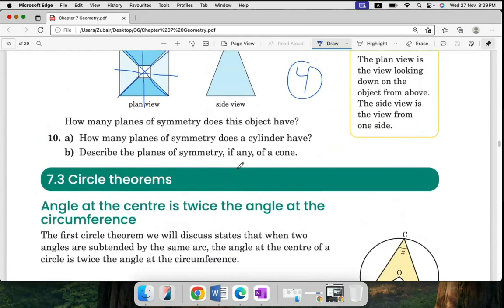How many planes of symmetry does a cylinder have? 1 and 2. 2, I mean. I think you need to reconsider that. Cylinder has 2, I mean.